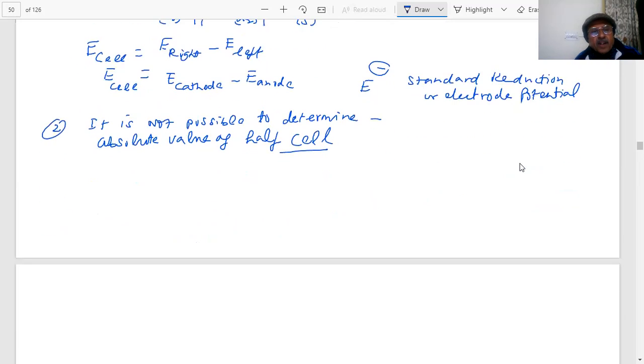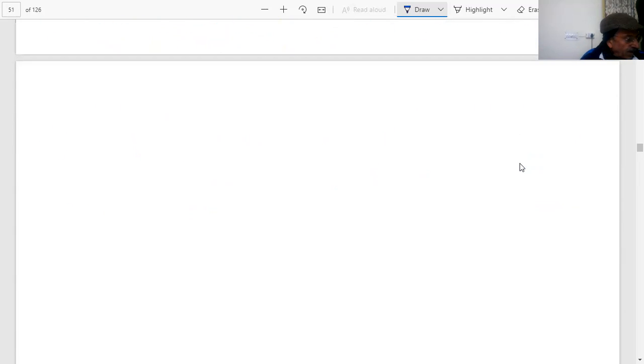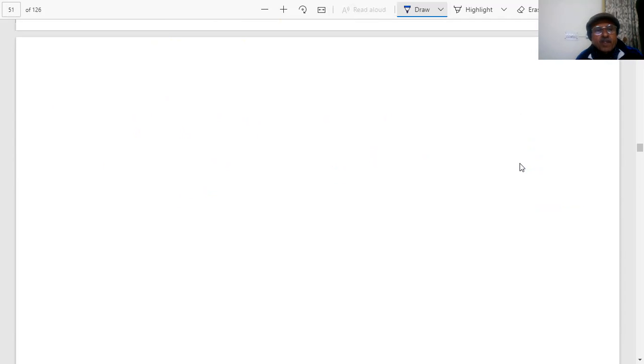Standard hydrogen electrode. So every half cell is joined with the standard hydrogen electrode, and then we measure the potentials. That is what we call a standard electrode potential value. Students, standard reduction potential values were obtained by joining each half cell with the standard hydrogen electrode.